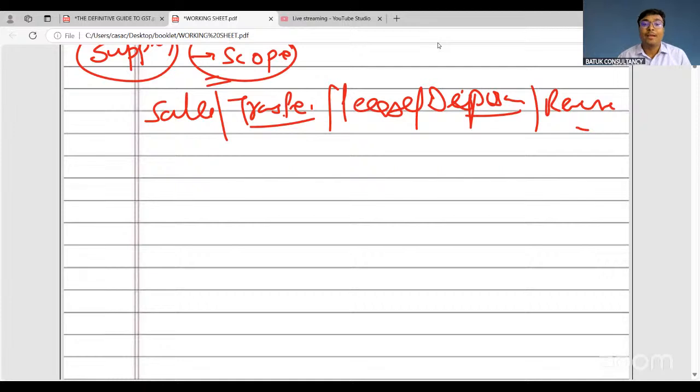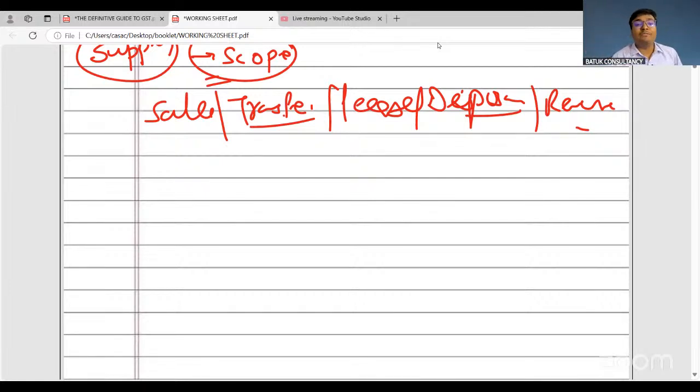Or suppose the government thought there may be chances that someone is going to dispose of certain assets, and in actual there may be chances that the person is not going to dispose of, the person is just planning that if I dispose of, it is not treated as supply, so no GST. Hence the government has included the word disposal, so that whenever a person goes for disposal, that will also qualify the definition of supply.